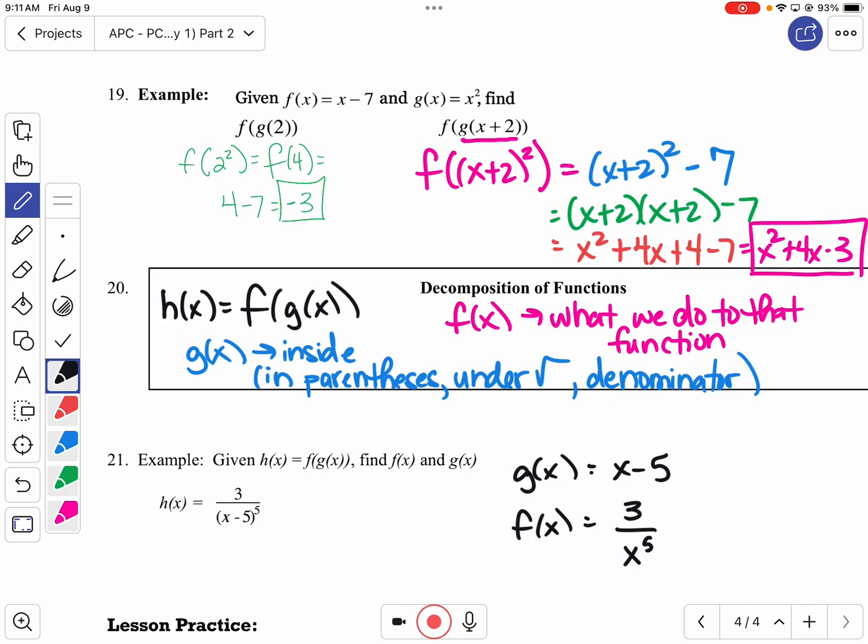Okay, could you have also done g of x is equal to x minus 5 to the 5th, and then f of x would just be 3 over that? Okay, both of those are 100% correct, right? One of the things we're going to find about integrating and taking derivatives is that there's always a best decomposition, all right?